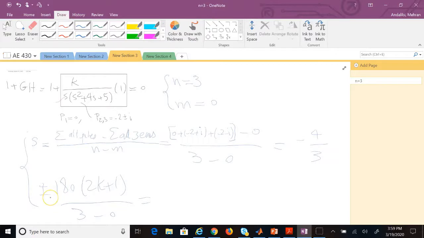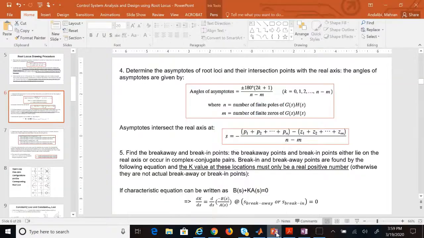If you simplify 180 and 3, it's going to be plus and minus 60 degrees times 2k plus 1, for which values of k? By the way, this k and the gain K are two different things. So this guy is the gain that you can change. This k here is what? It's just an integer number. If you don't like it, I can use another notation for you.